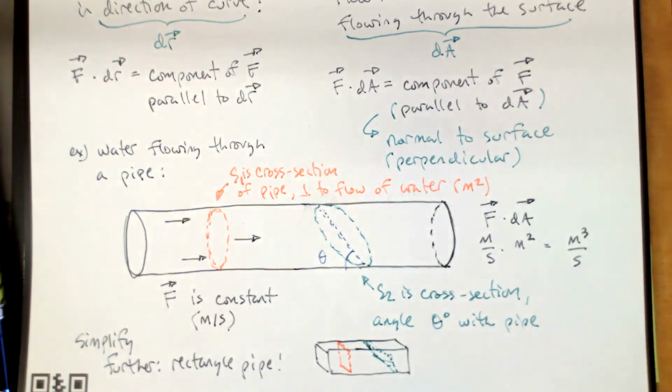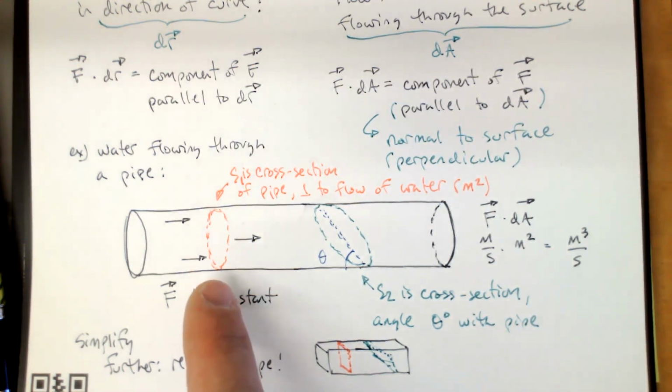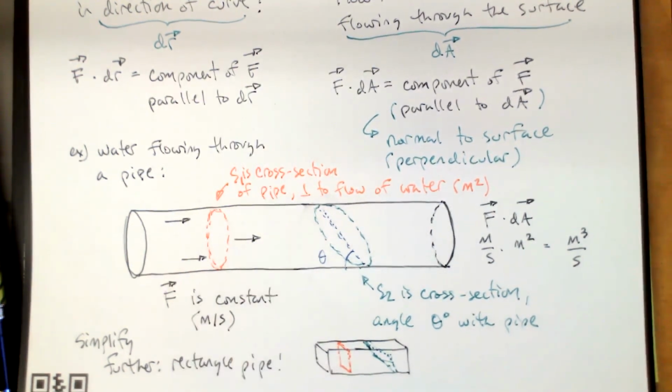Notice that in our cross section here, the water is flowing normal to the surface that we're going through. We're going through a section at a certain area. In S2, where the cross section is at an angle with the pipe, that's a larger area.